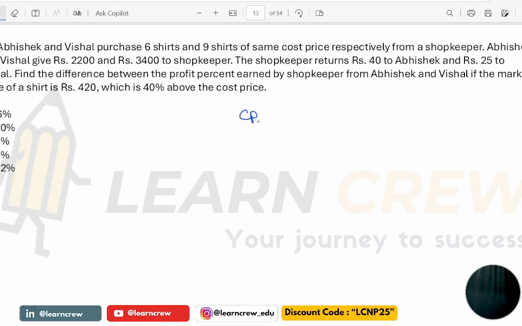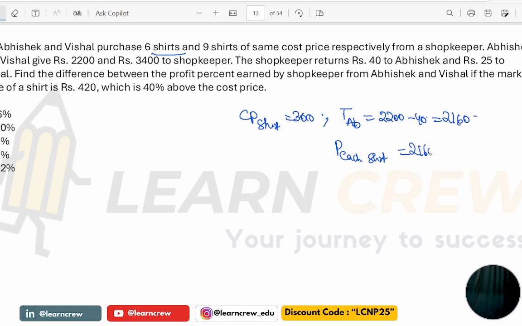So cost price of shirt is 300. Thereby, total price paid by Abhishek would be 2200 minus 40, which is 2160. And it is for 6 shirts. So price of each shirt would be 2160 by 6, which is 360.